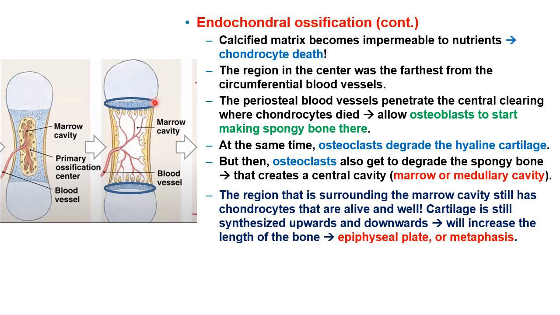So bones do grow after birth. I hope nobody's surprised by that, right? And the bone tissue itself is not going to grow because remember those osteocytes are stuck in their little lacunae and they can't really be dividing. They don't divide, right?